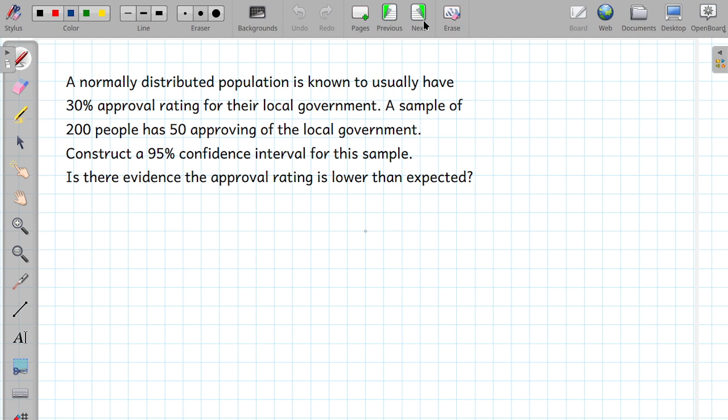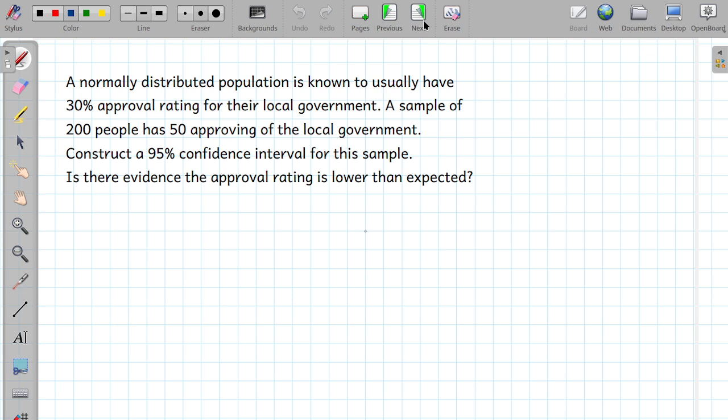Now we have a sample of 200 people, and 50 out of the 200 approve of the actions of the local government. We're going to construct a 95% confidence interval for this sample, and then we're going to tackle the idea of hypothesis testing. We'll come back to the hypothesis test part here in a minute.